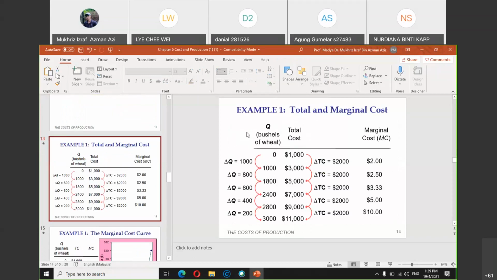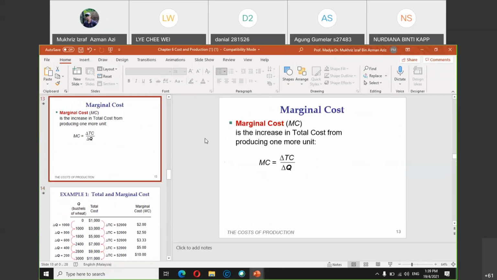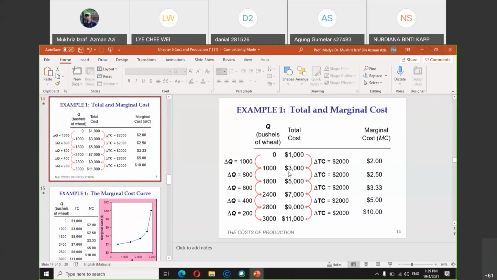Here is a simple example. You have the total cost column. Marginal cost, again, the formula is change in TC divided by change in output. So 3,000 minus 1,000, you get 2,000. Output is 1,000 minus 0, you get 1,000. So 2,000 divided by 1,000, you get $2.